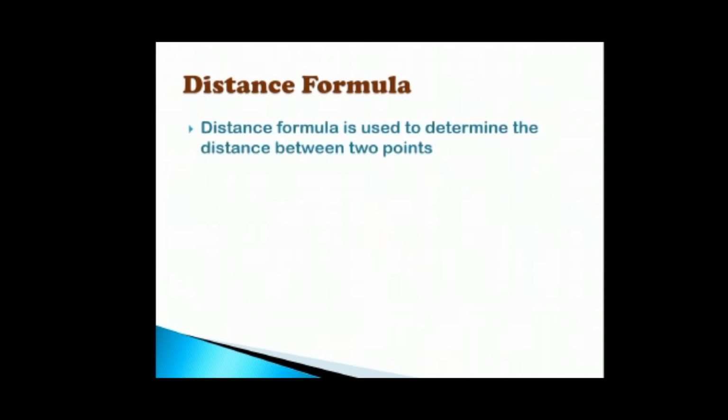Now let us recall the distance formula which we have studied in class 10th. Distance formula is used to determine the distance between 2 points. That is, consider point P and Q with the coordinates x1, y1 and x2, y2 respectively.